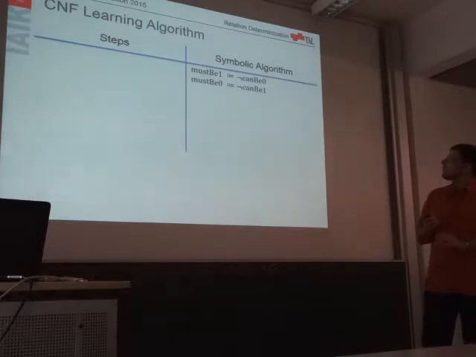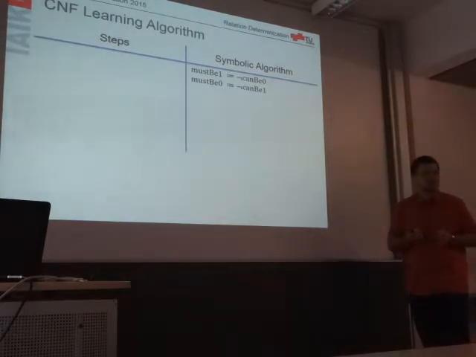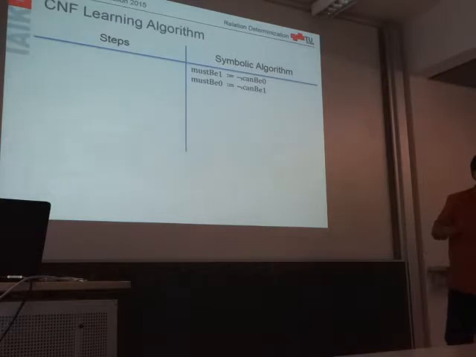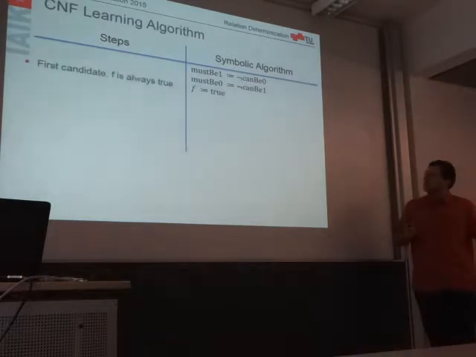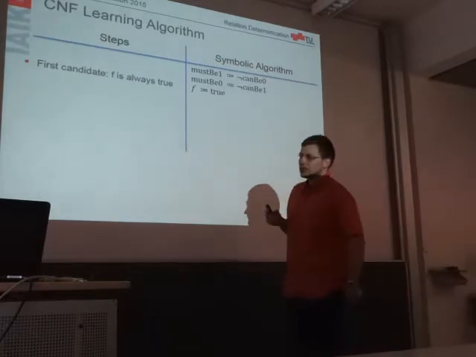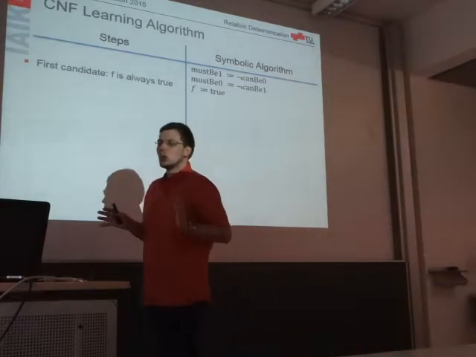We will again start from our sets can be 0 and can be 1, but for notational convenience we will now negate them and call them must be 1 and must be 0. Meaning should be obvious. If it cannot be 0, then obviously it must be 1 and the other way around. And what will we do? If we want to learn a CNF, we will always start with the constant true as a first candidate.